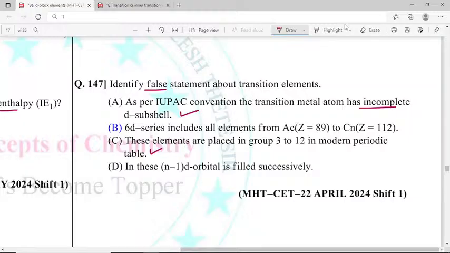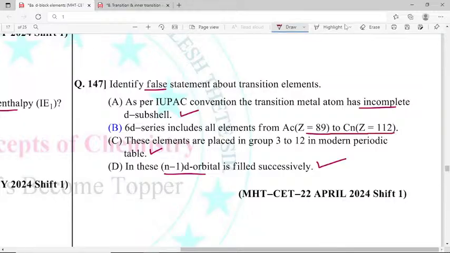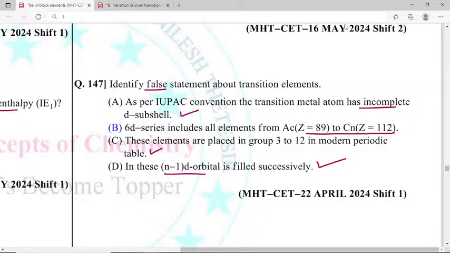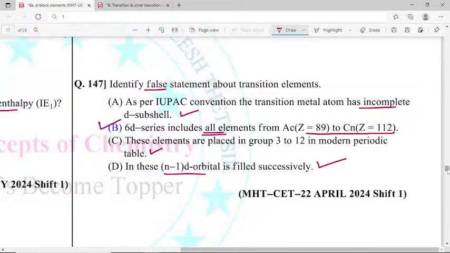Correct. In these, the n-1 d orbital is filled. The 6d series includes all elements from actinium to Cn? No, it is not correct. Not all elements, because in between them there are f block elements.